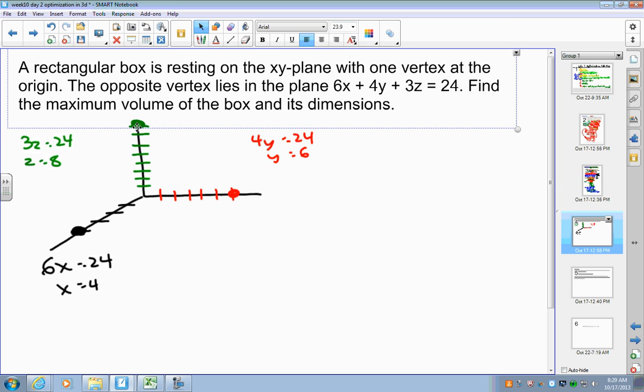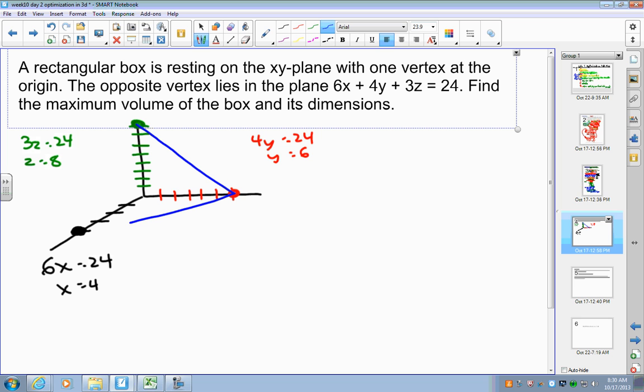Okay. And I can piece it together. It's not really a triangle, but that's the best way to see it. Okay, it's just kind of slanted, going up to rest on the plane as so.